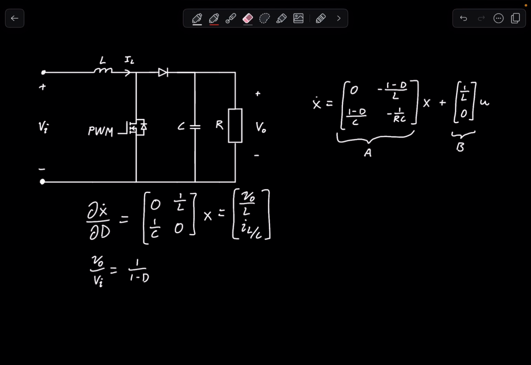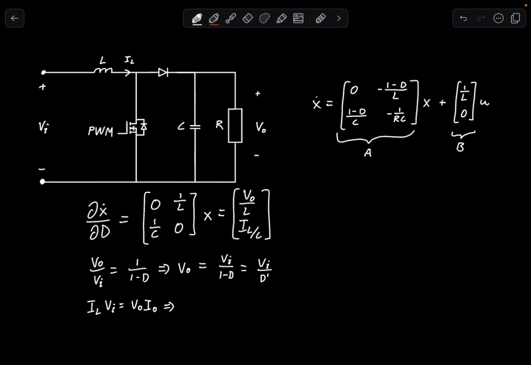And actually now these are constants, so we can just write them with an uppercase, and then a large I here. So this is the case. Therefore, we have that VO is equal to VI over 1 minus D, or VI over D prime. We can actually do a pretty similar thing for IL. With the power balance, we know that IL multiplied by VI is equal to VO multiplied by IO, right?